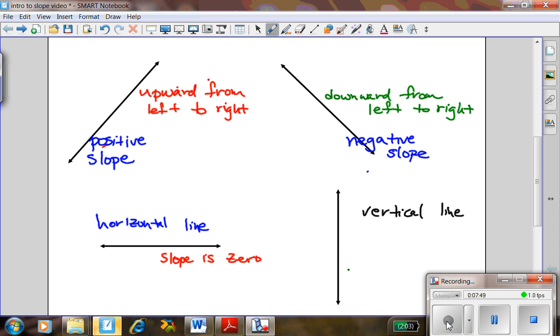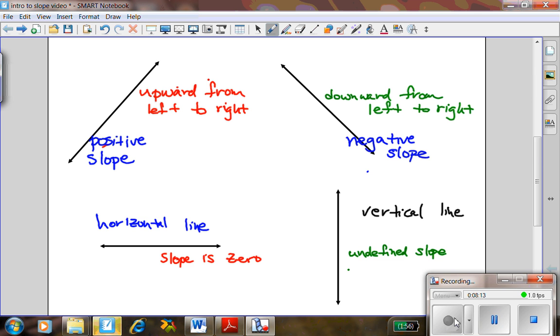And what that means is if you're rising only and there's no run, that means you have an undefined slope. Which means you can't really put a number on that slope because mathematically it's impossible. And I'll show you why later on. So if you don't understand that last one, that's okay. We'll get back to that later on.